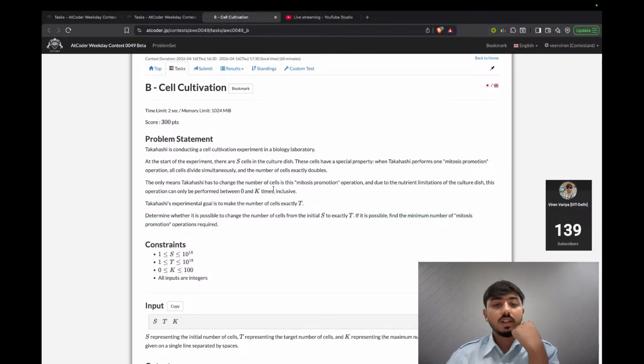So we have only K operations. We have to use the minimum number of operations, and our first goal is, can we achieve T? If we can, then our second goal is to minimize the operations.